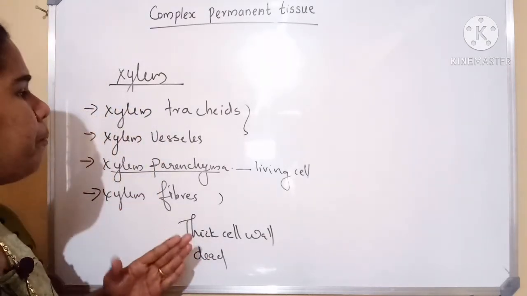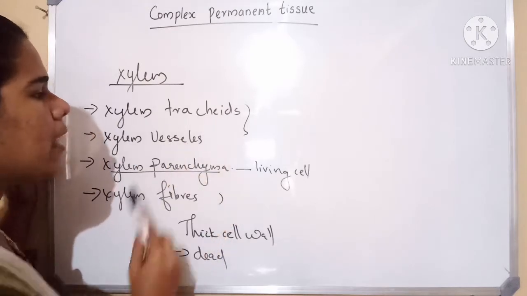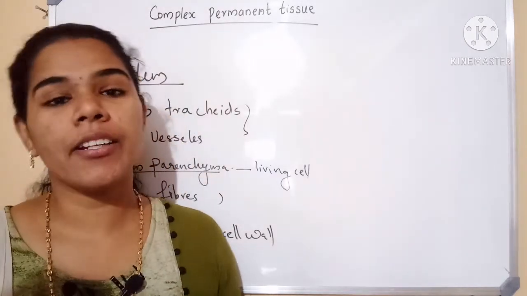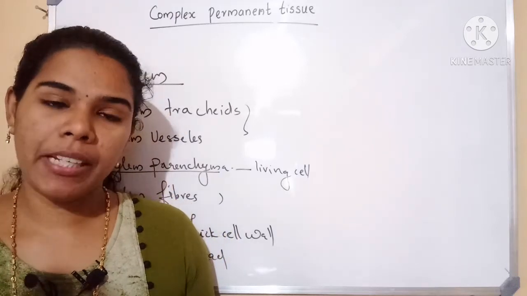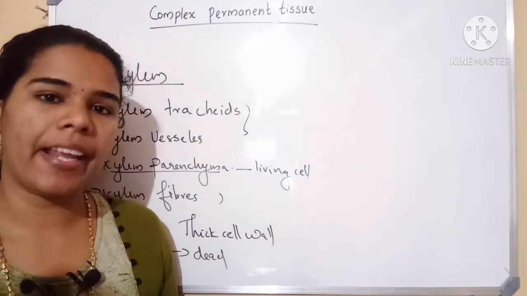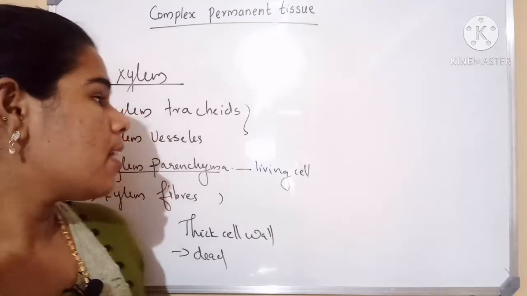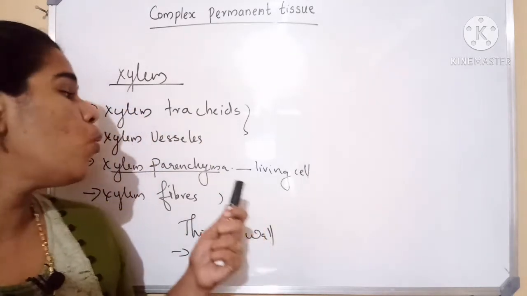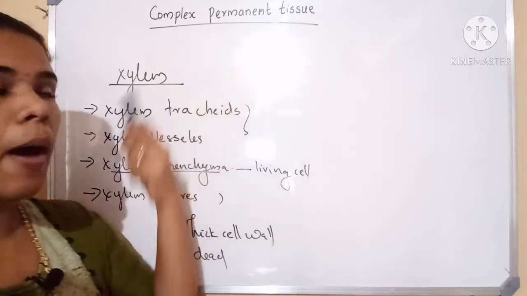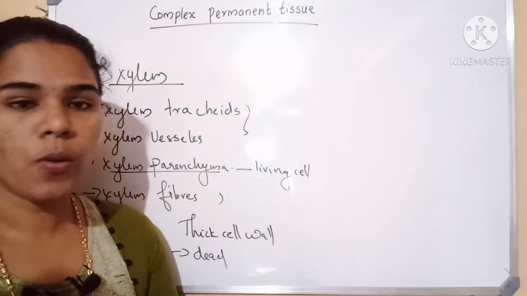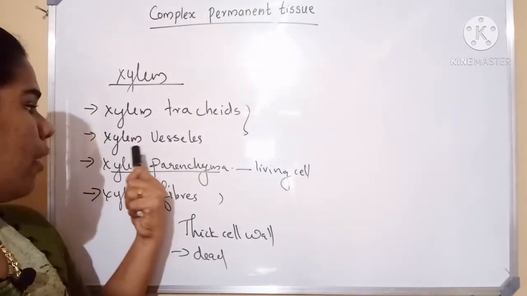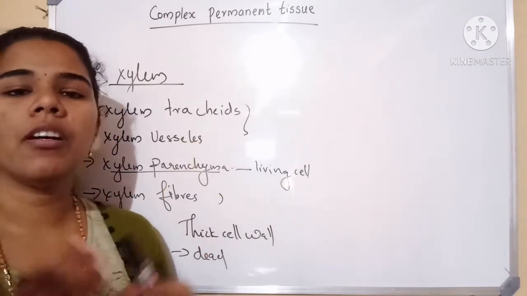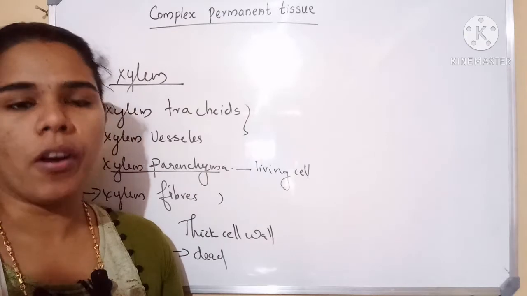And here the main function of xylem tracheids is to conduct water and minerals in an upward direction. Xylem tracheids help to move water upward. And the xylem vessels also help the movement of water.